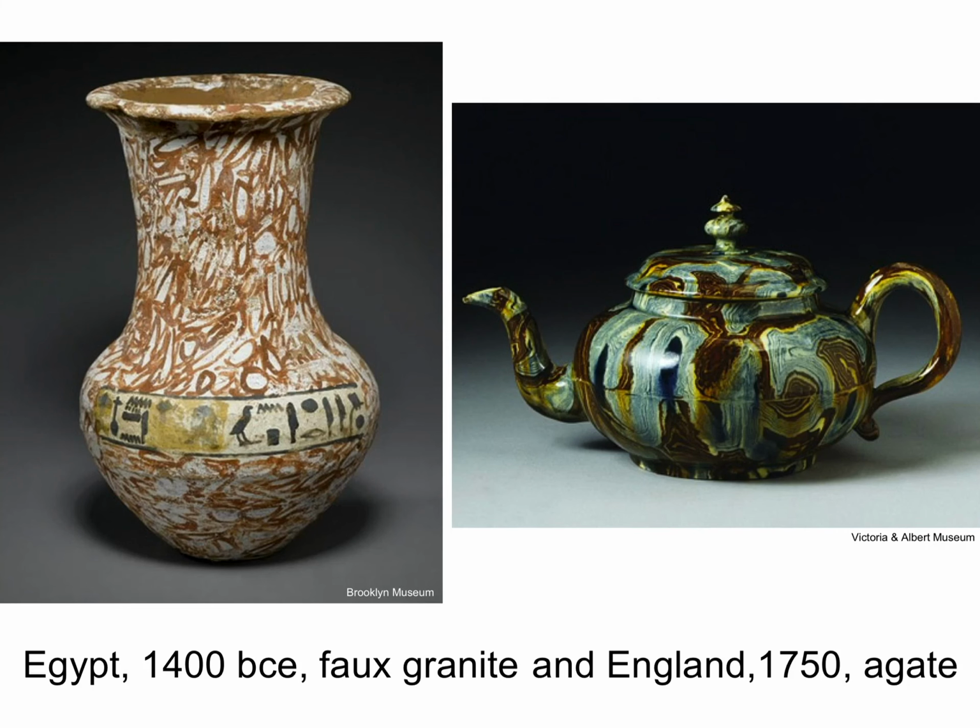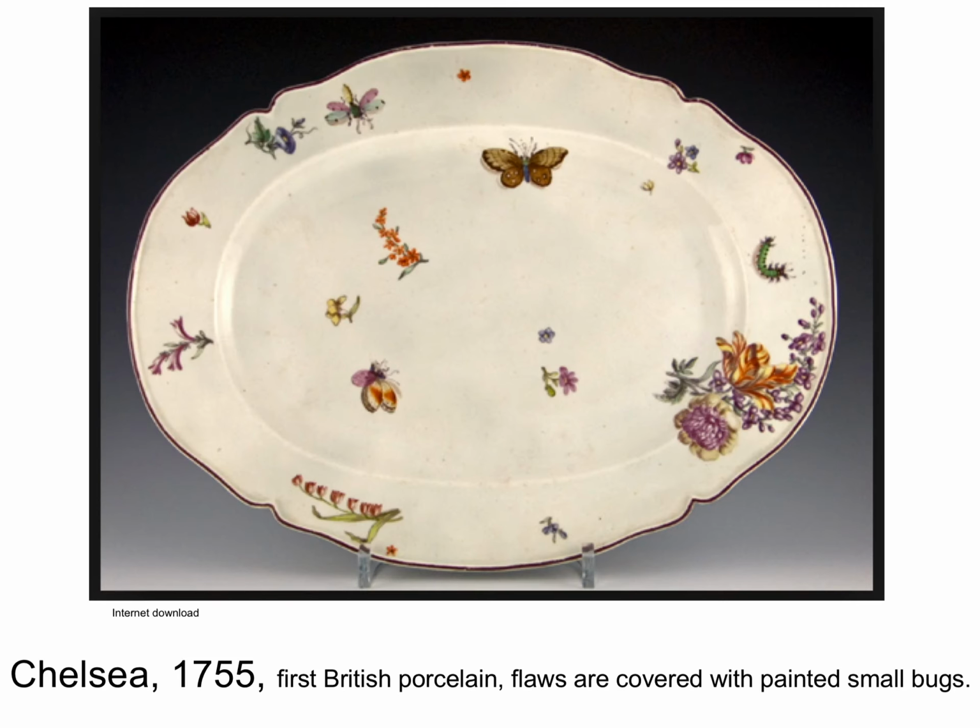This goes back in time very far. You have an example of faux granite, which is a type of rock, made in Egypt in 1400 BC, and one from England, agate ware made in the 1750s. Chelsea is a very interesting factory. It was the first British porcelain factory, and because of that, the work has a lot of flaws, mistakes, little pinholes and crawls and some things like that.